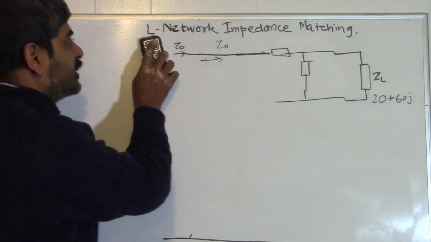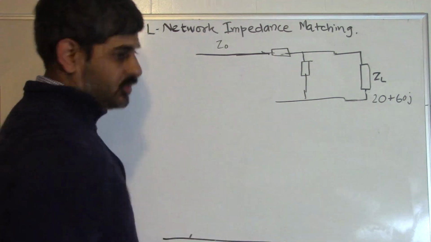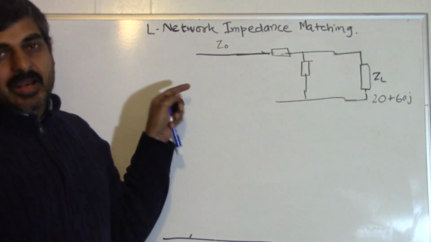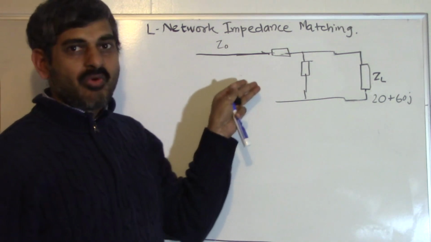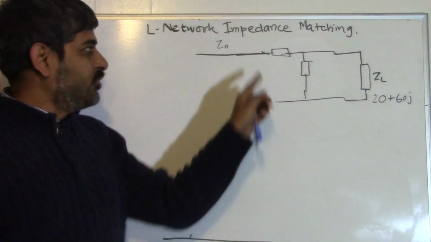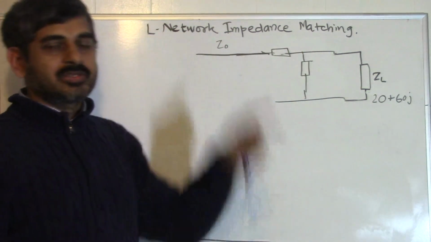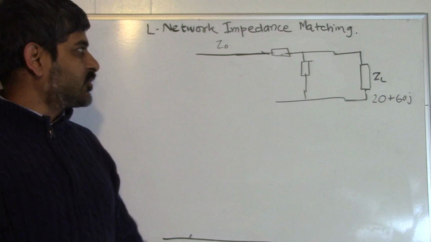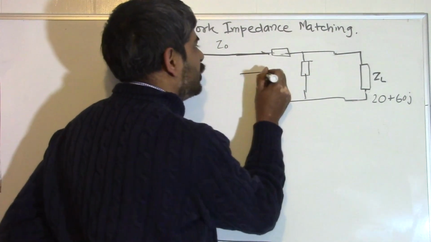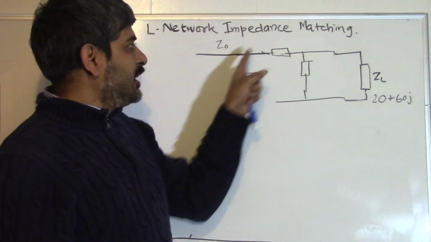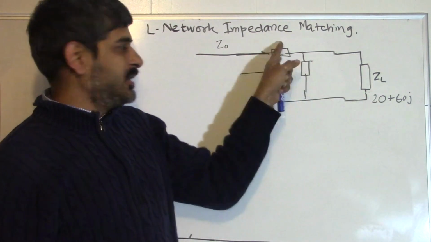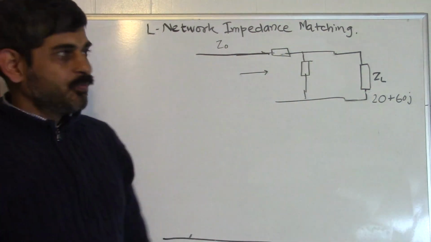Without losing too much generality, we are introducing the assumption that our source driving this whole circuit has an impedance of Z0, and we need to introduce this matching network so that if we look into it, all we should see is Z0. That is, the equivalent impedance of these three networks is Z0.